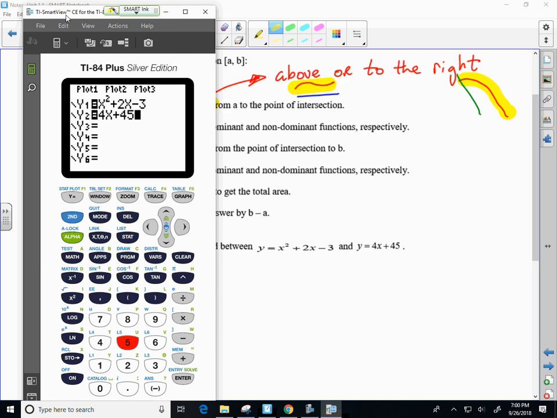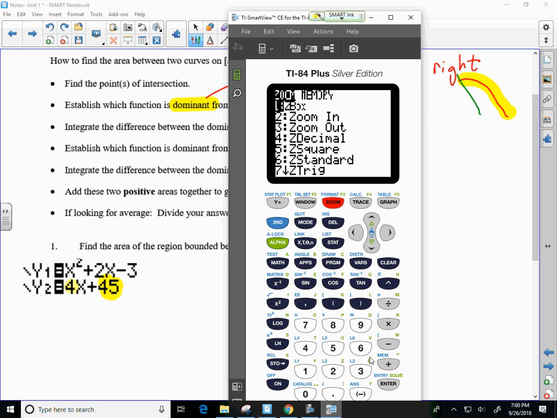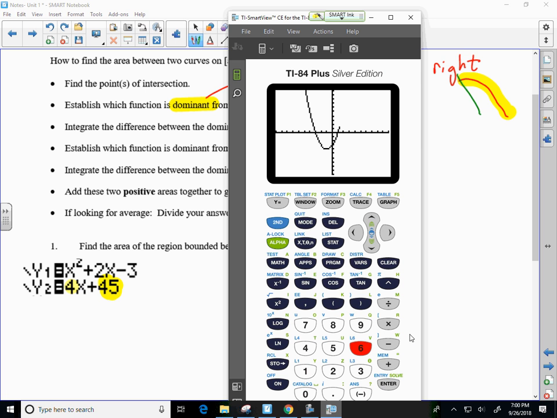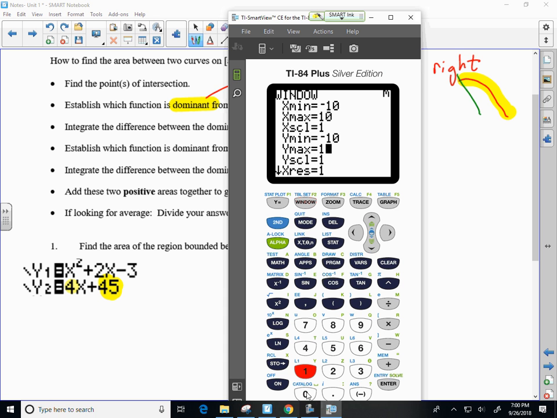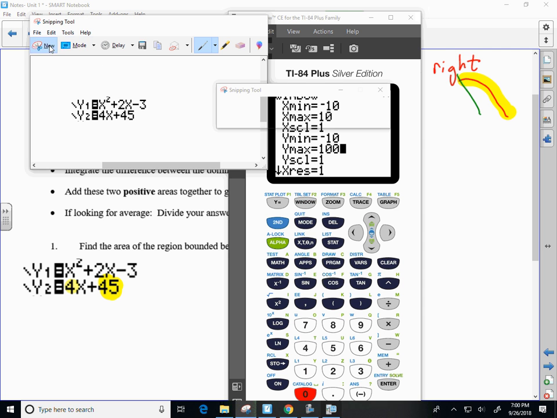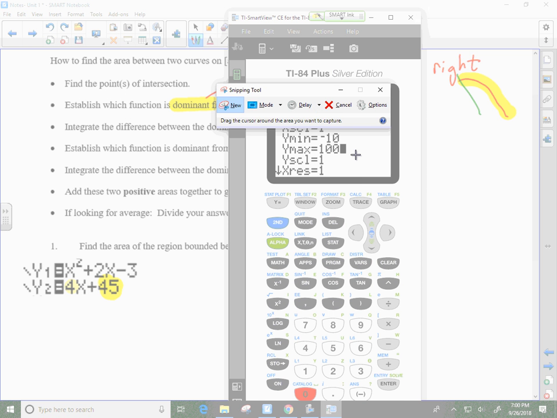So when I come up with my window, you can do a zoom 6 if you want, but a lot of it's happening off the grid. You want to have a pretty tall Y max, so maybe like 100. You do that thing you showed us also, right? You could, yeah.